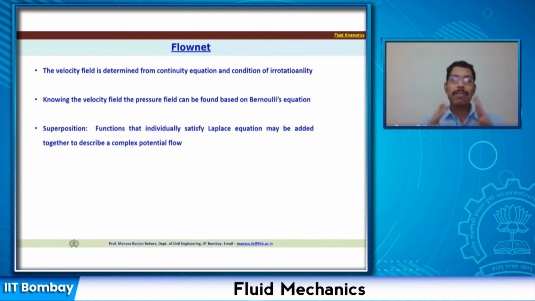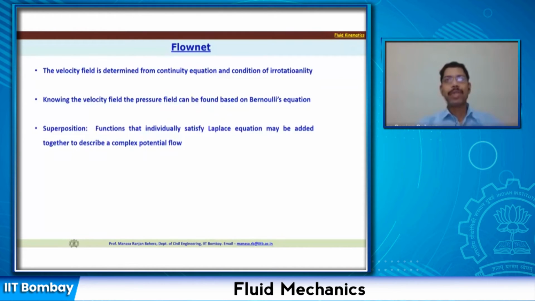The next property is a very important property, the property of superposition. It says the functions that individually satisfy the Laplace equation may be added together to describe a complex flow problem. Let us say I have a domain which is slightly complex. I can divide the flow domain into different domains.